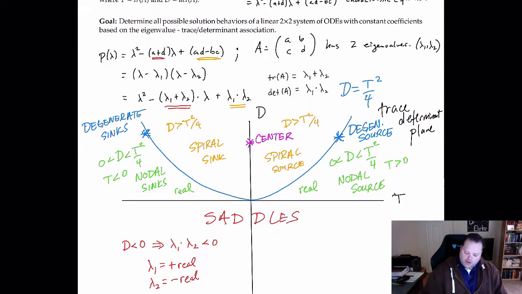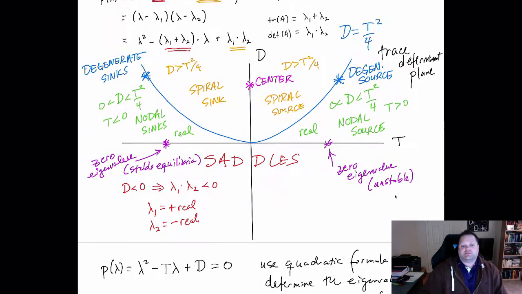So anywhere along the axis, say right here, this is a 0 eigenvalue problem, but it is unstable. In other words, you have a line of equilibria that you're moving away from. And over here, if you're on the axis, then once again you have 0 as an eigenvalue, but you have a stable set of equilibria.